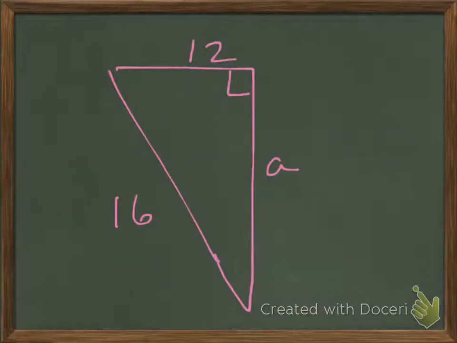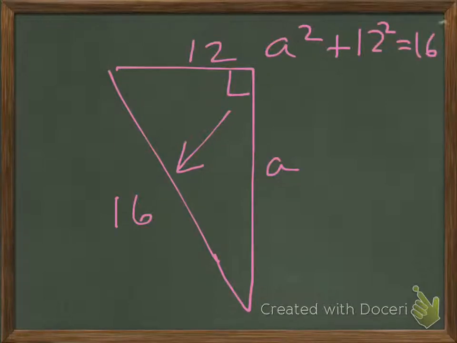The next one, notice they give us different parts here. They give us one side, and then they give us A, and then they give us the hypotenuse, or C. So we plug in: A squared plus 12 squared for B, equals 16 squared.